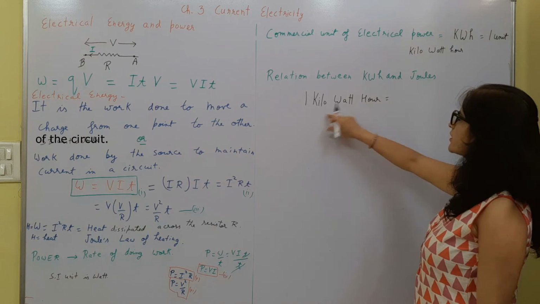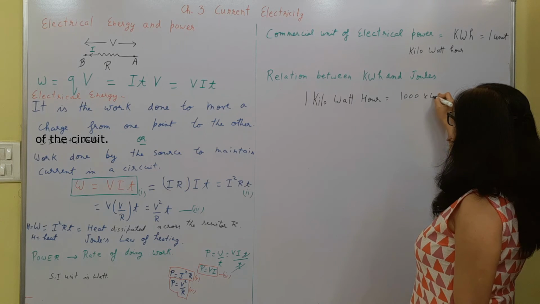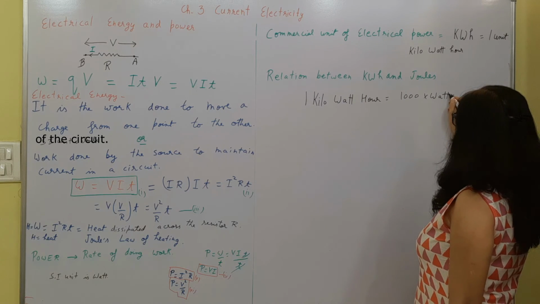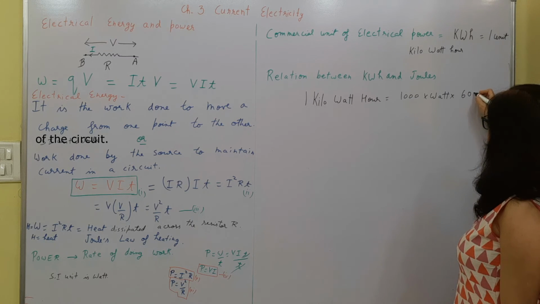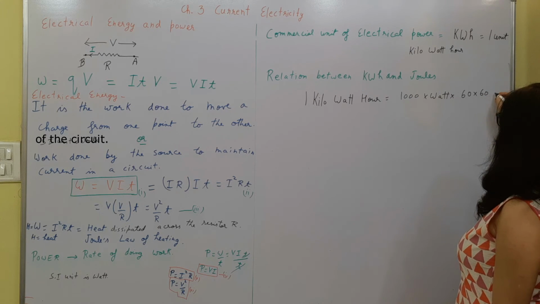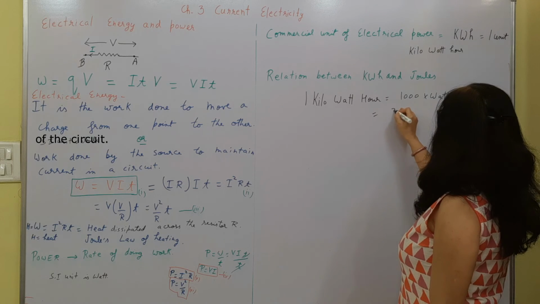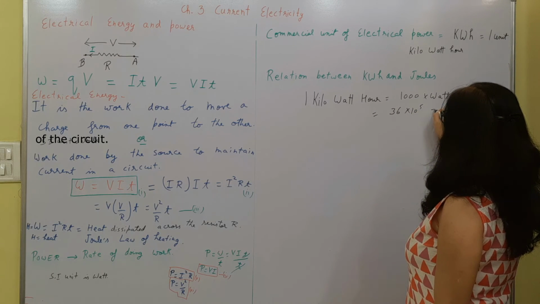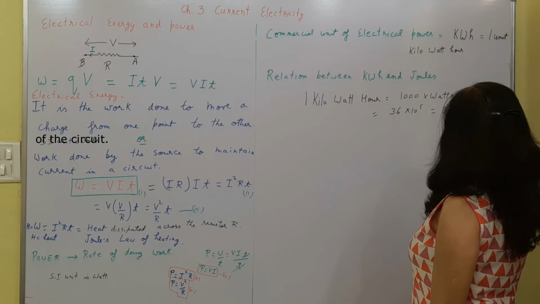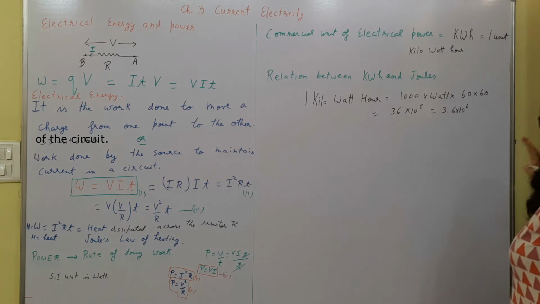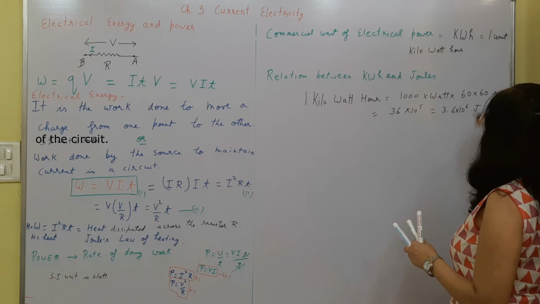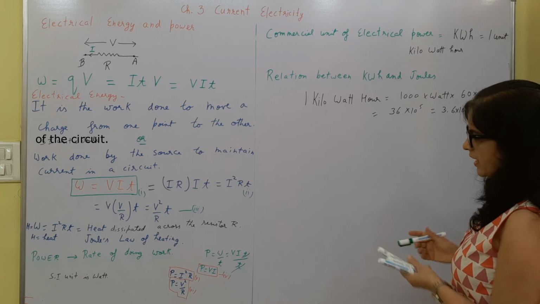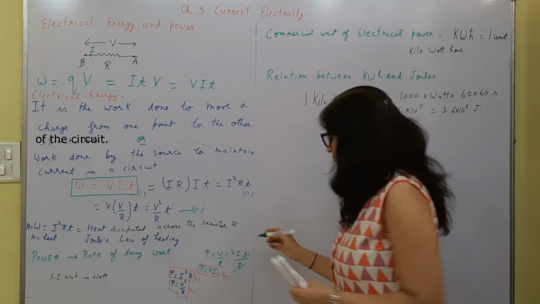Kilo means 1000, watt, and hours can be converted into seconds like this. 1 hour has 60 minutes and 1 minute has 60 seconds. So this makes it 3600, and this gives me 36 into 10 to the power 5, or you can say 3.6 into 10 to the power 6 joules.